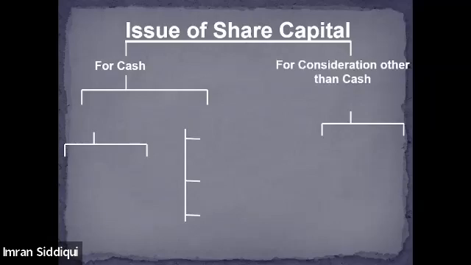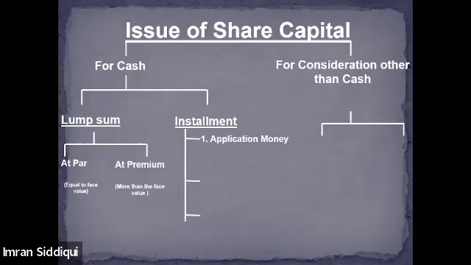Let's first of all focus upon when the shares are issued for cash, then the amount against the issued share can be received in lump sum or it can be received in installments. All right, and if it is being received as lump sum, it can be at par or premium. Similarly, if shares are issued on installment, then the various installments in which the company is going to receive the amount could be application money, allotment money, or the call money.